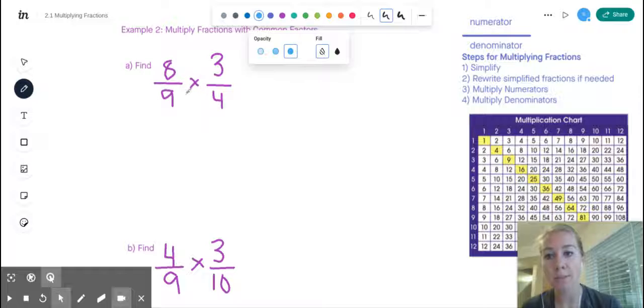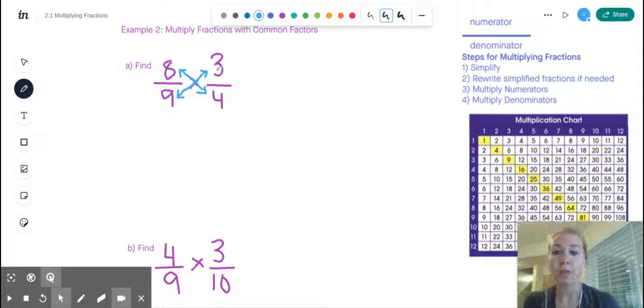Okay, so to simplify fractions, we're going to look across. Since we're multiplying, just think of it as on your times symbol, it's kind of already showing you where you're going to simplify. Okay, so let's look at our 3 and our 9.